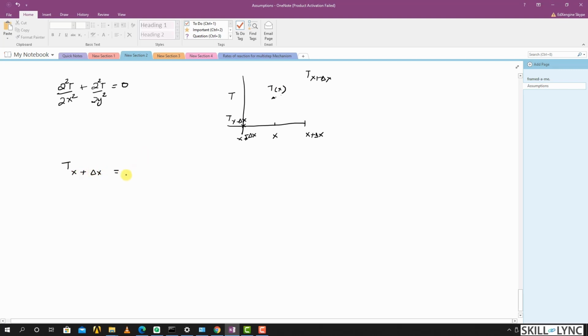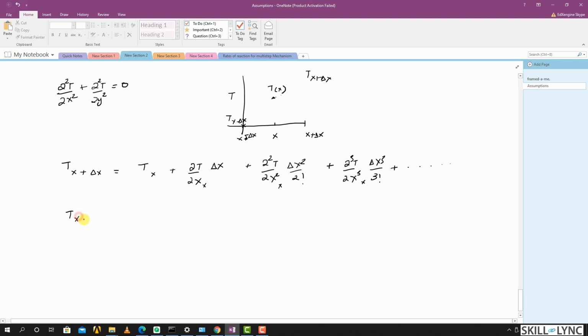So T at x plus delta x, what is it going to be? Well, it's going to be T at x, plus dT by dx measured at x multiplied by delta x, plus d square T by dx square computed at x times delta x square by 2 factorial, plus d cube T by dx cube at x times delta x cube by 3 factorial, and so on.